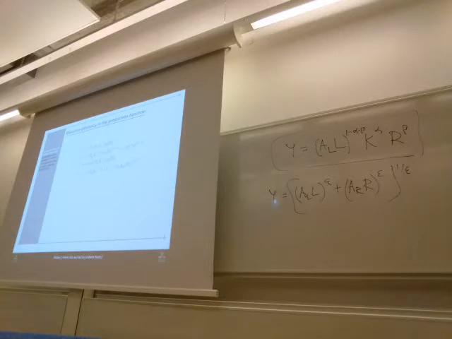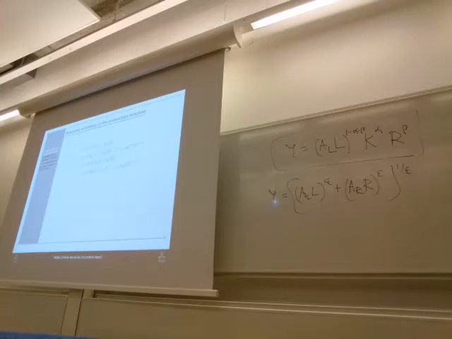Okay. So what if y is the amount of money we've got, and L is the number of 5 crown coins we've got, and R is the number of 10 crown coins we've got. Then what's AL? So L is the number of 5 crown coins we've got.